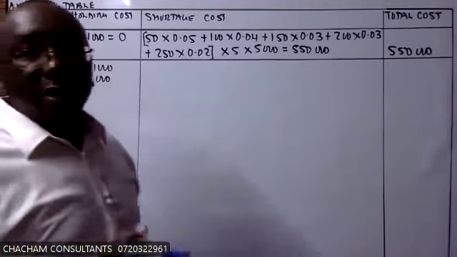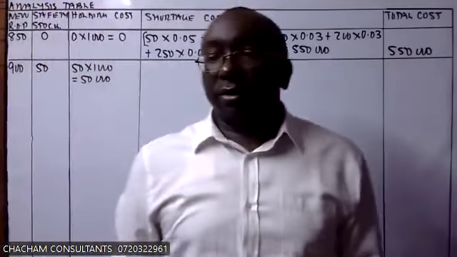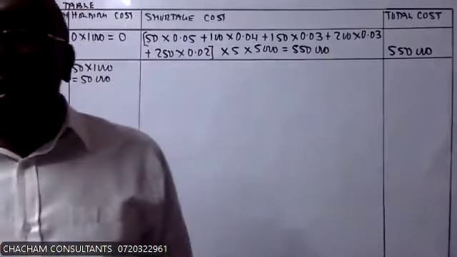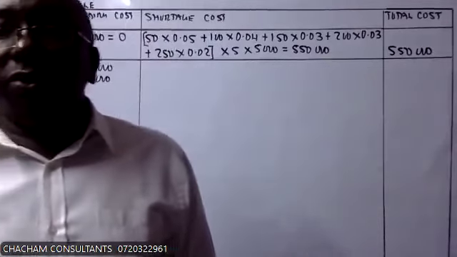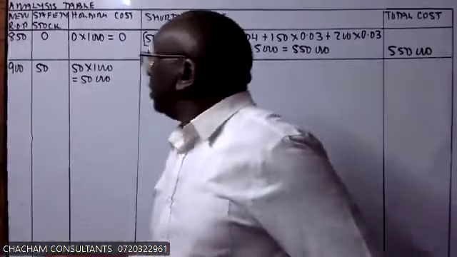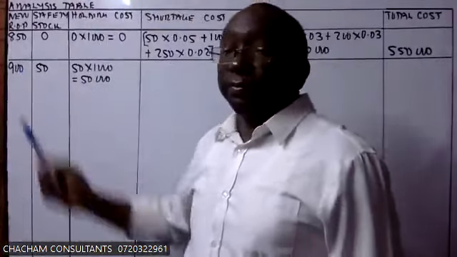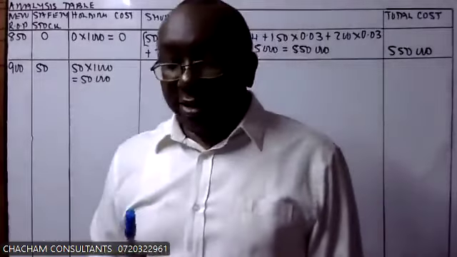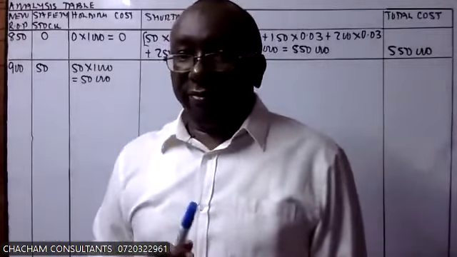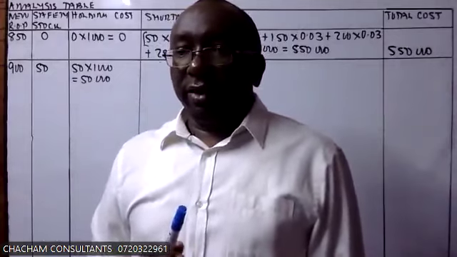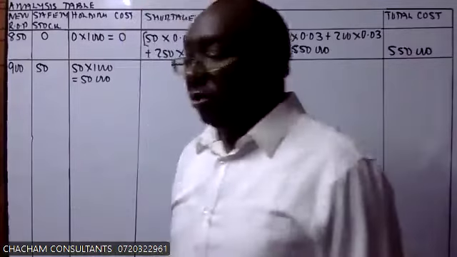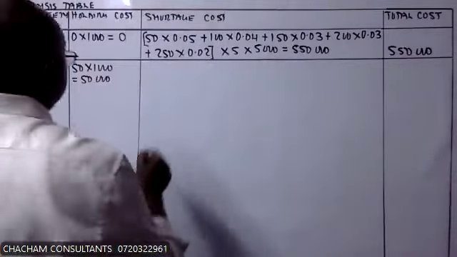You can only now be out of stock if you happen to exceed 900. Now, the first one that is more than 900 is 950. So at 950, you will have a shortage of 50 units.